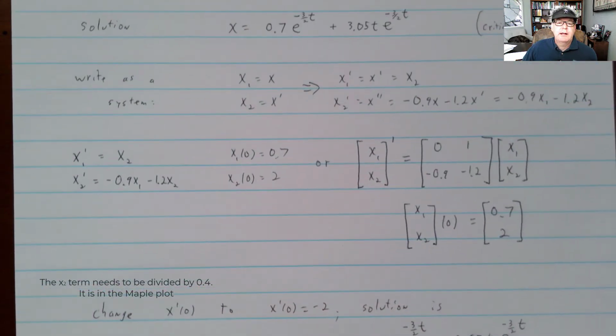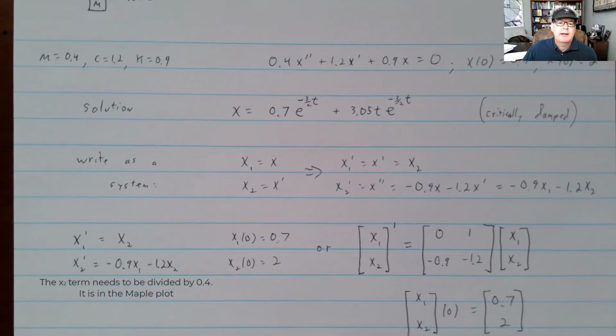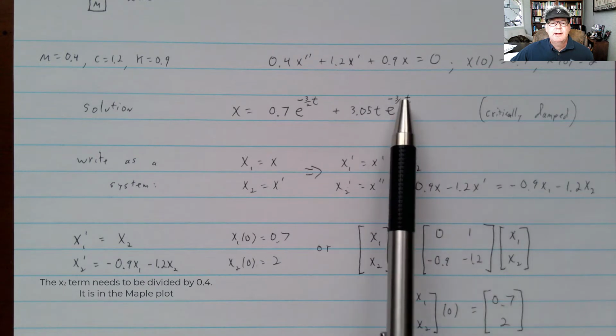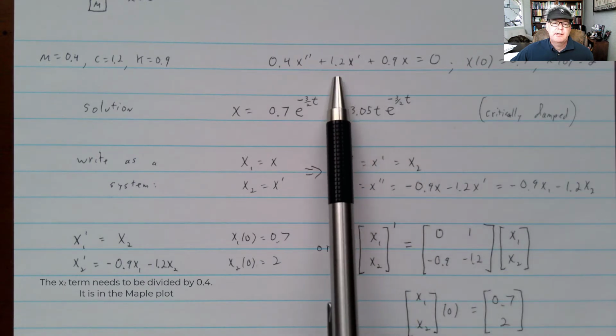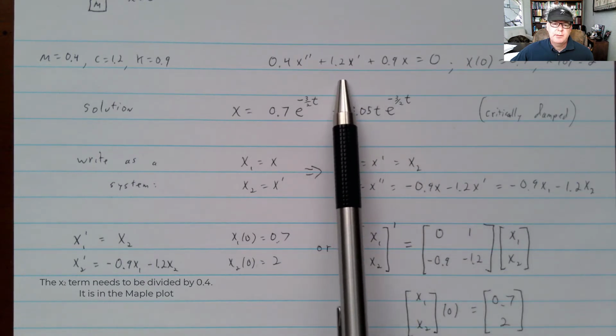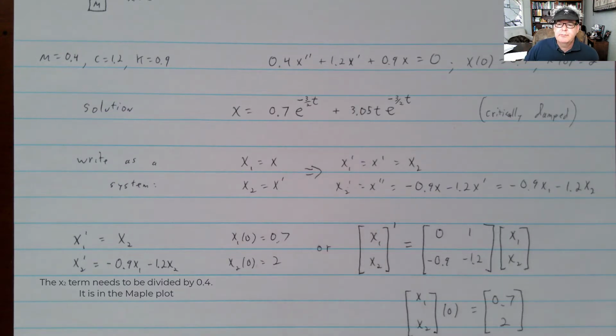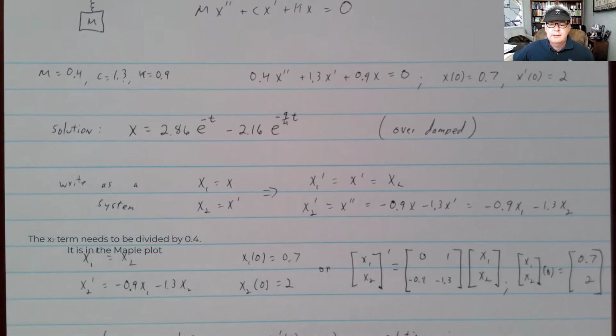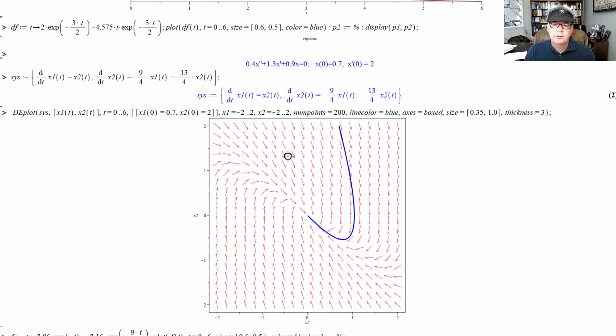So again, I have this set up so that I can easily go to overdamped. I'll keep the initial conditions the same and K and M the same. I'm just going to change the damping constant from 1.2 to 1.3. So here we are, and this would be the solution. Now it's overdamped. Again, as a system, I just want to look at the graph.